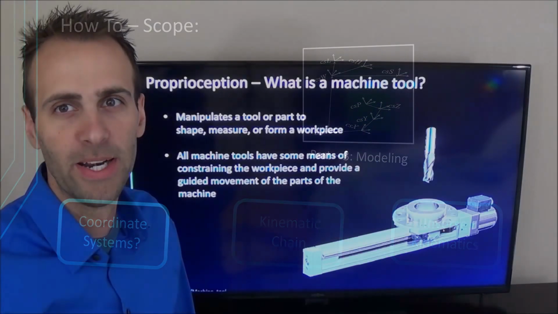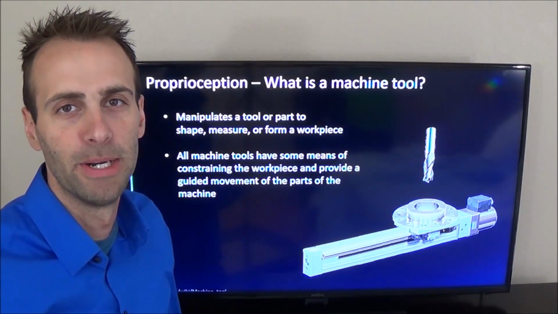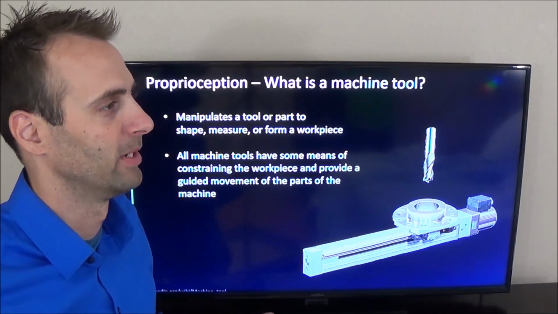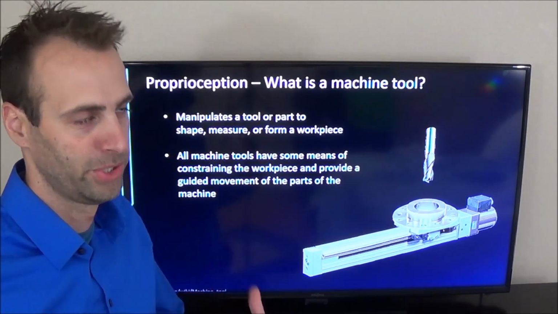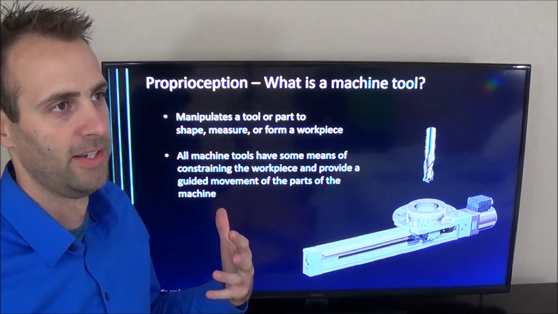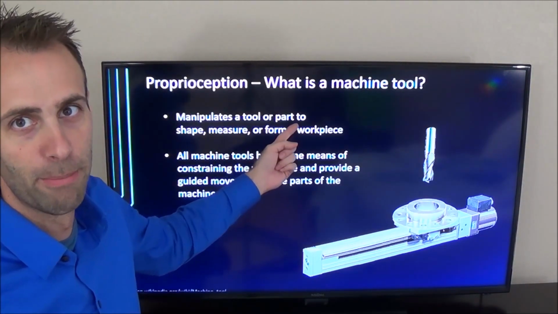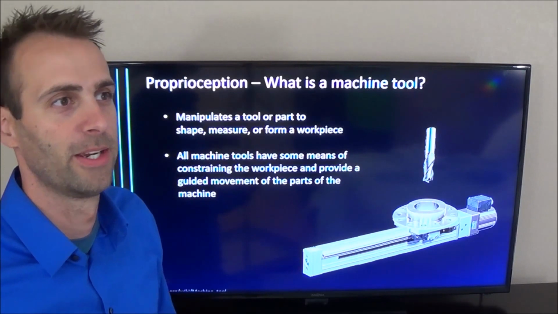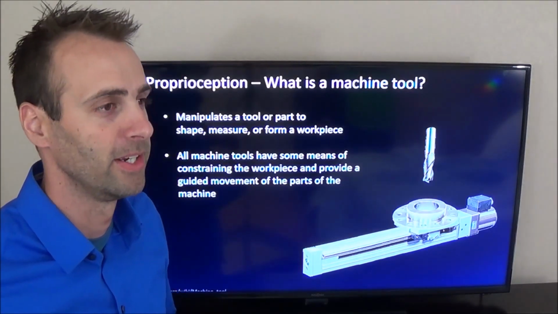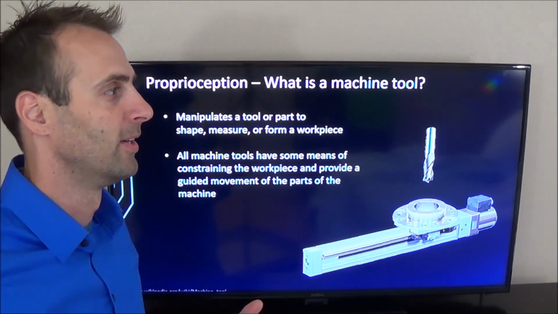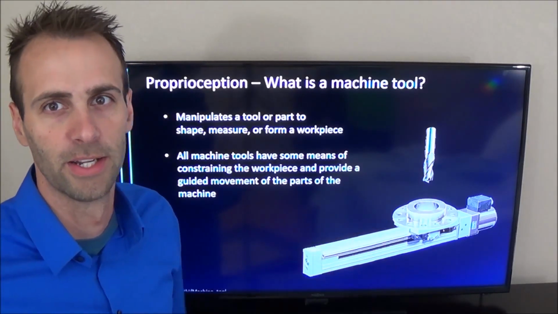I won't bore anybody about terminology or semantics or any rigid definition, but to me a machine tool is a machine that takes a tool and a part and does something with it. That could be shaping the part like milling, measuring a part like a CMM, or building a part kind of like a 3D printer, right?